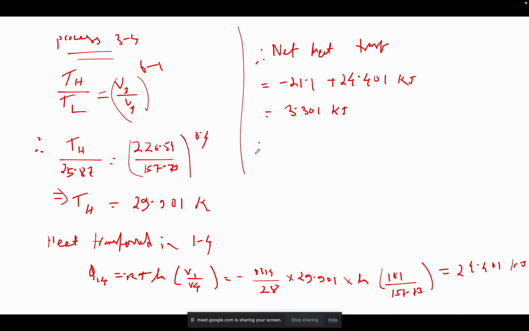Now therefore we know that for a cycle W net is equal to Q net, and we have got Q net, so this W net is nothing but 3.301 kilojoule.